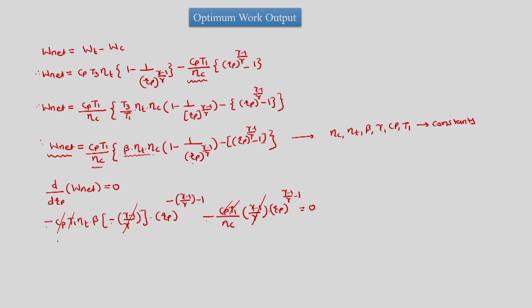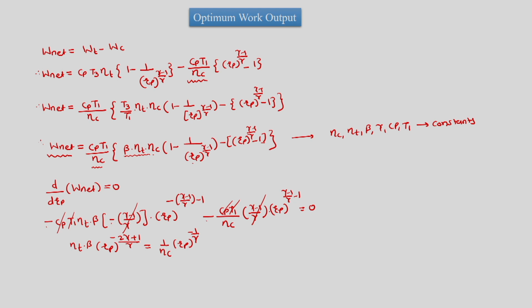So, we have eta t into beta into Rp raised to minus twice gamma plus 1 upon gamma is equal to 1 upon eta c into Rp raised to minus 1 upon gamma.